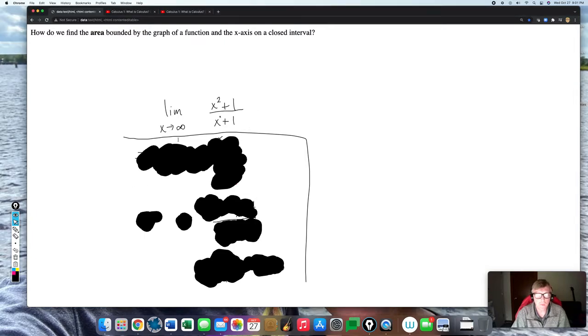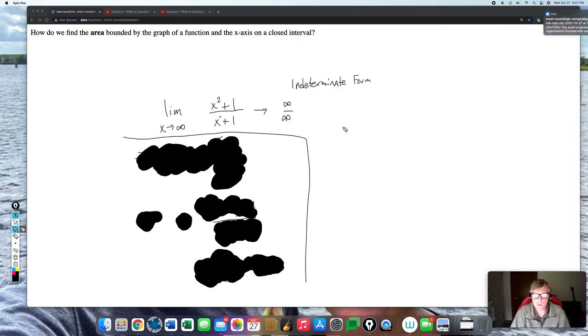Remember, if you try to substitute your value, or even an infinite value, and you get infinity over infinity, this is an indeterminate form. The most common one is 0 over 0.